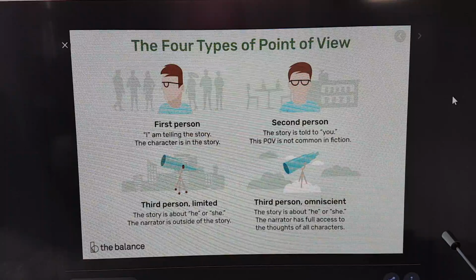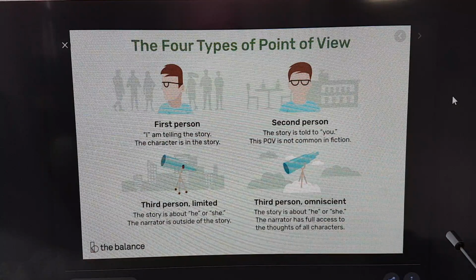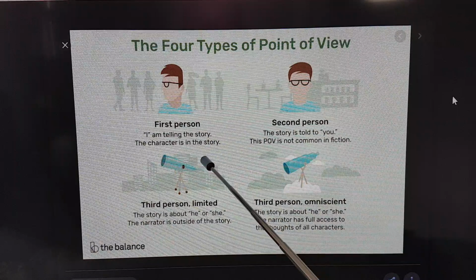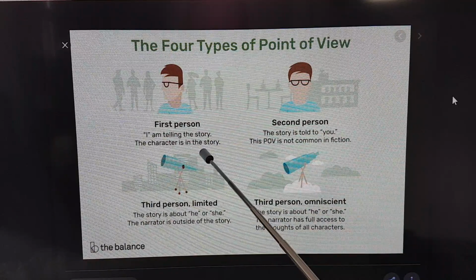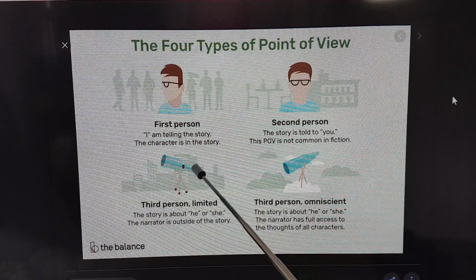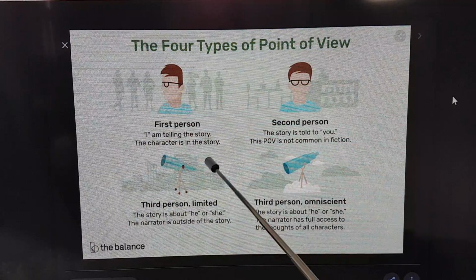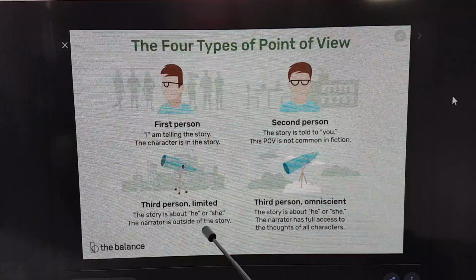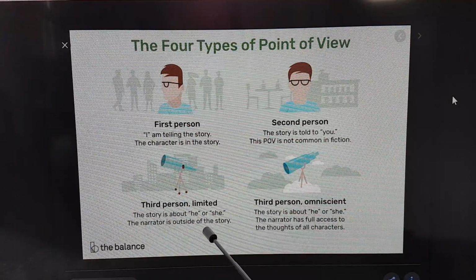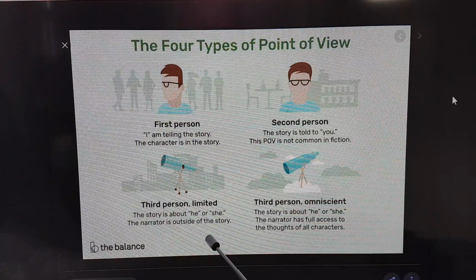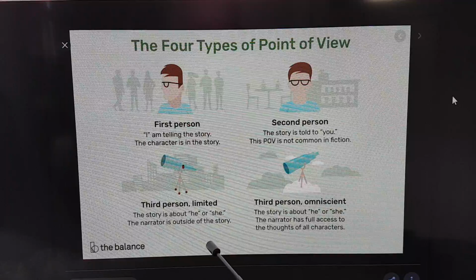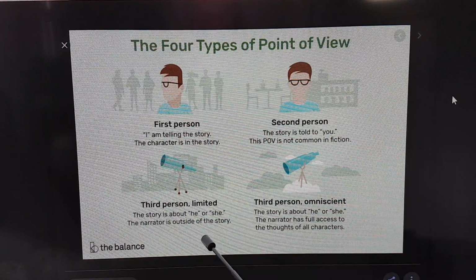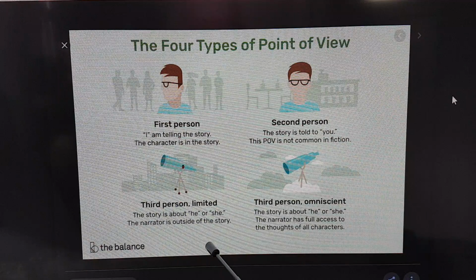Let's go back to the more common narrative perspectives. So the first person is the one who tells his own story. I was 15 when... And then we have a third person narrator who does not take part in the action. He is an external narrator, meaning he is outside of the story.